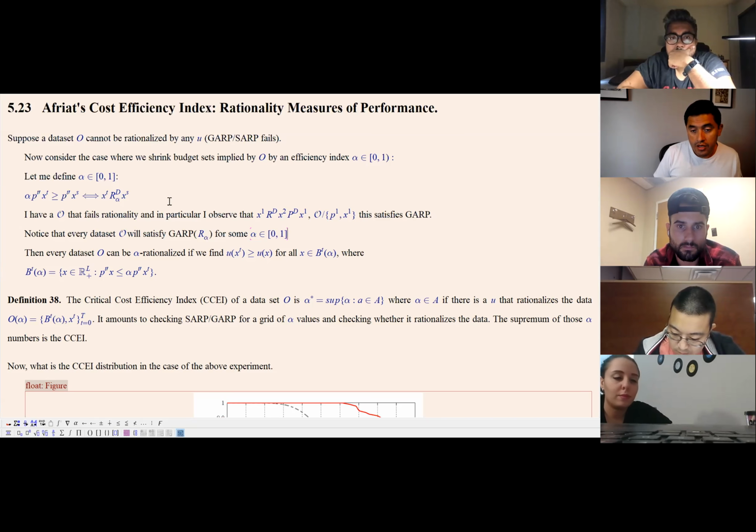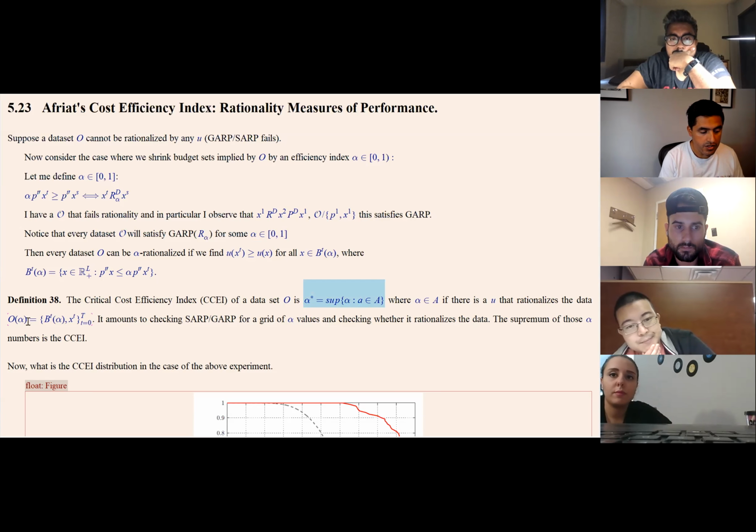Now that's not really interesting. What I want to find is the maximum alpha such that the data set here is going to satisfy GARP.